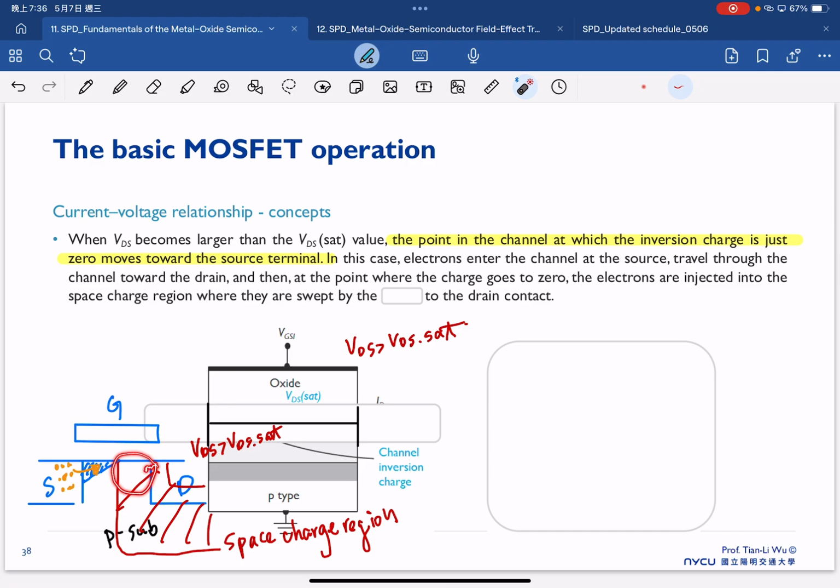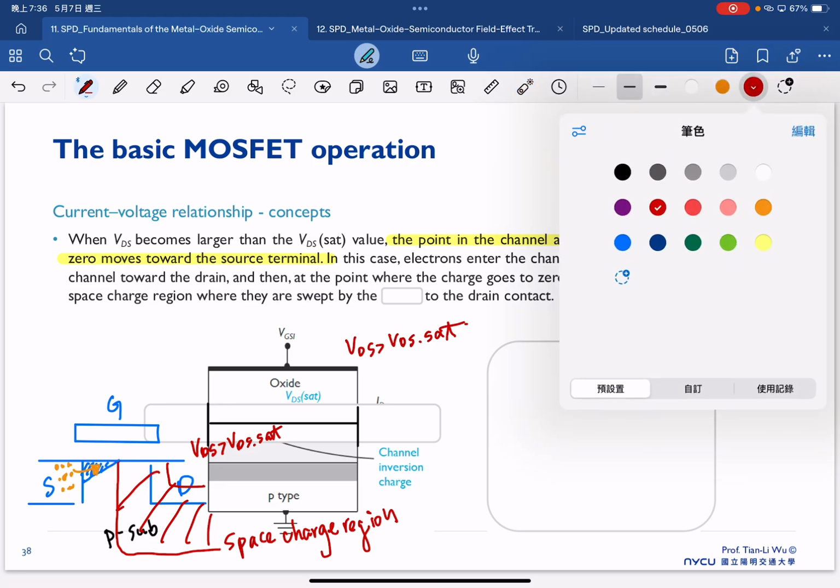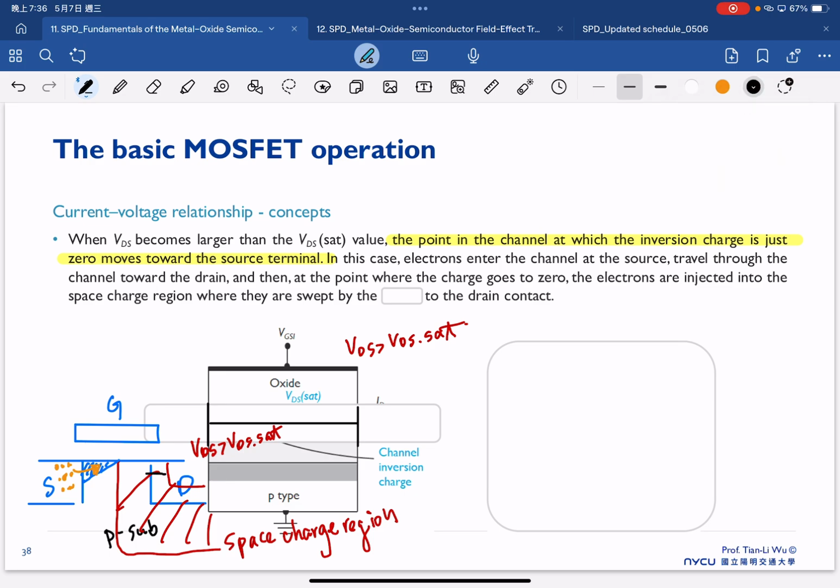Inside this depletion region, actually we have the electric field in this direction. So the electric field in this direction will help the carriers sweep to the drain side.